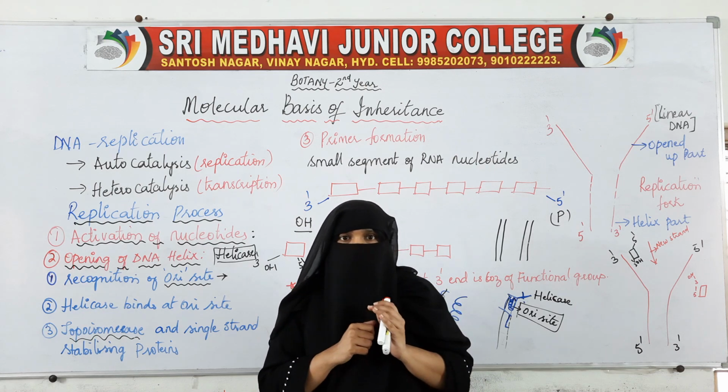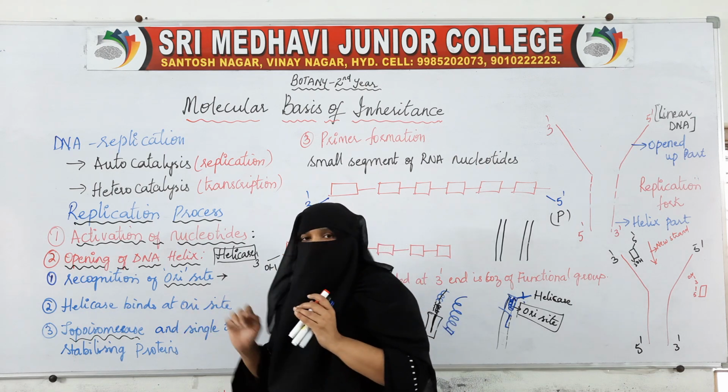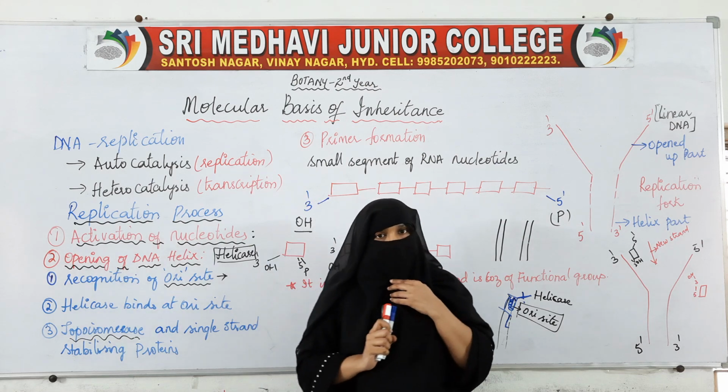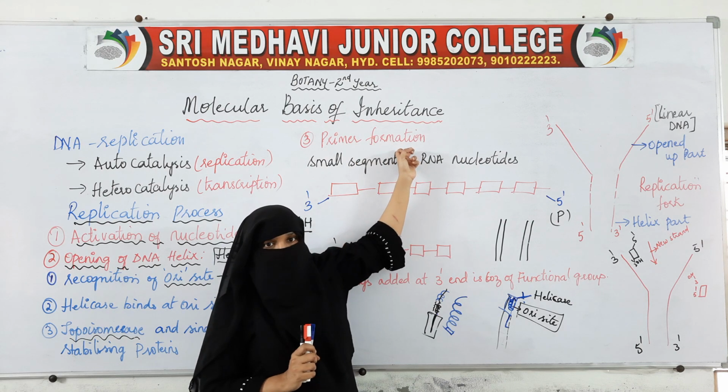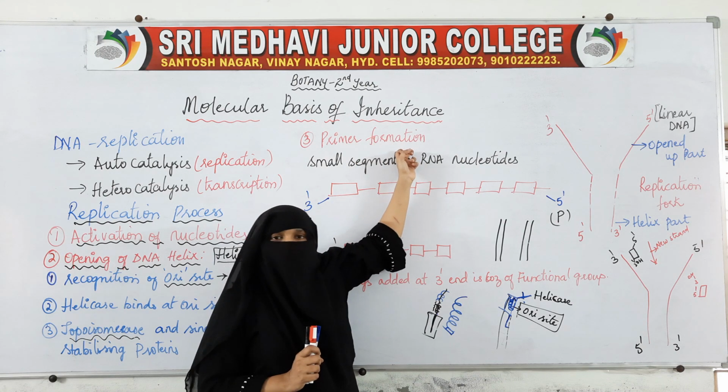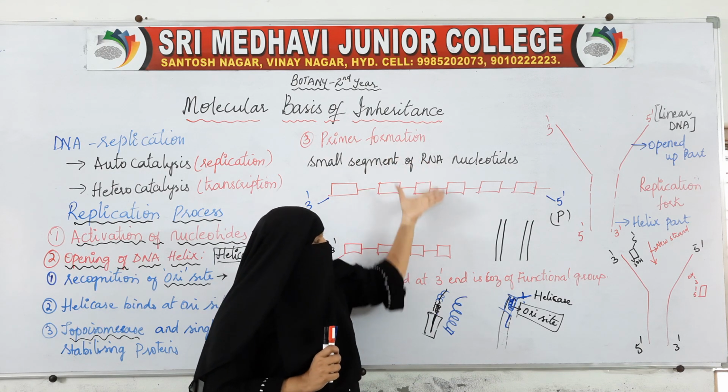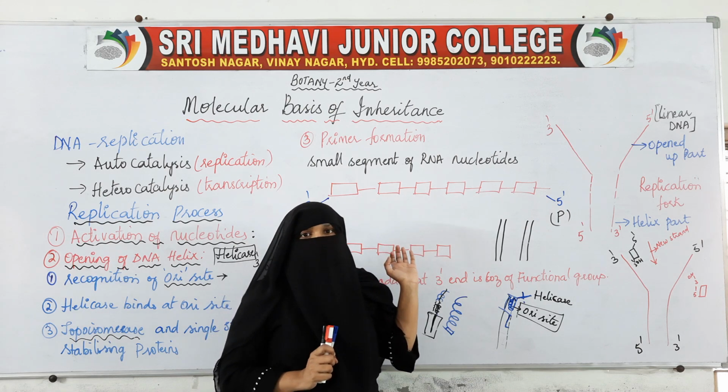Now, DNA has been opened up. After this opening of the DNA helix comes the third stage, which is nothing but primer formation. So, we will see this third step in the next video.